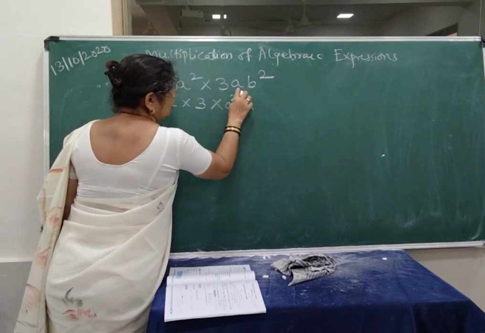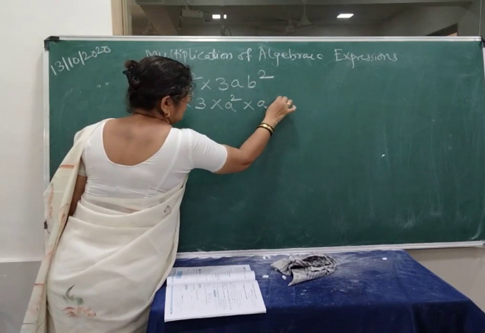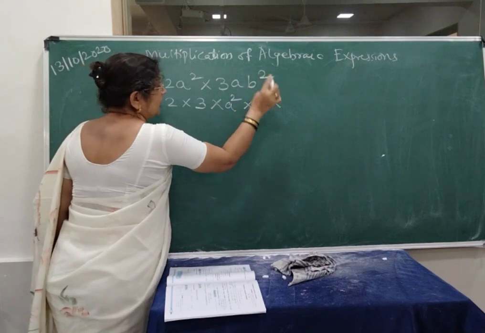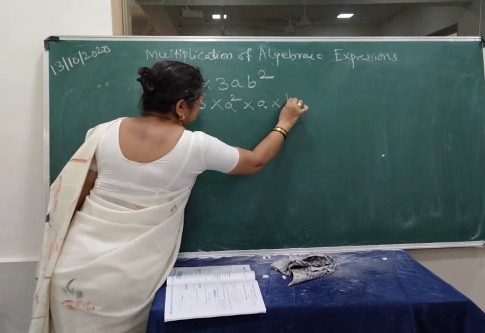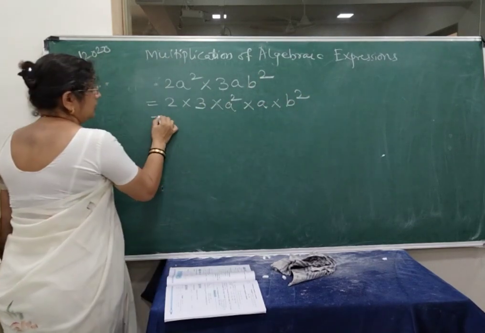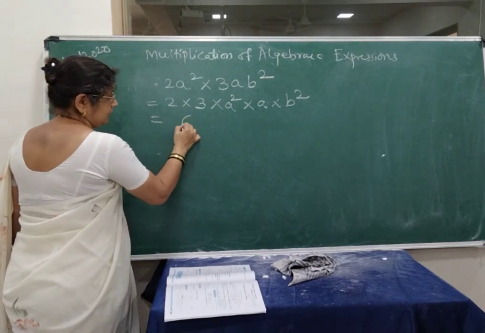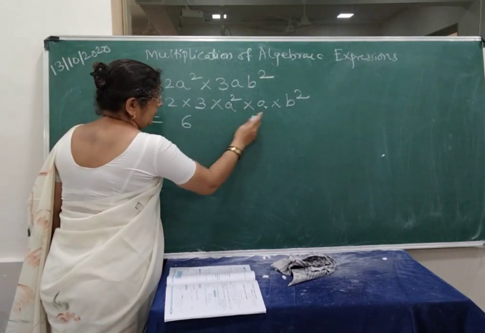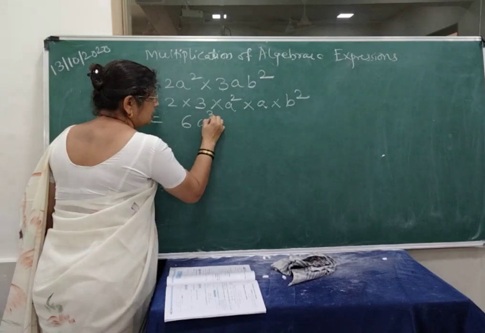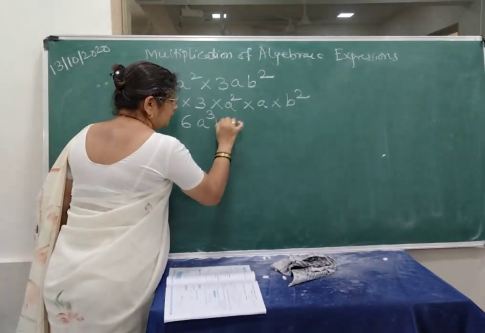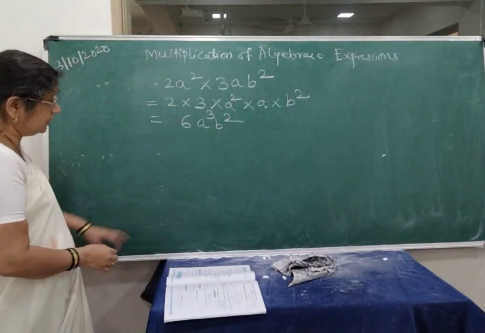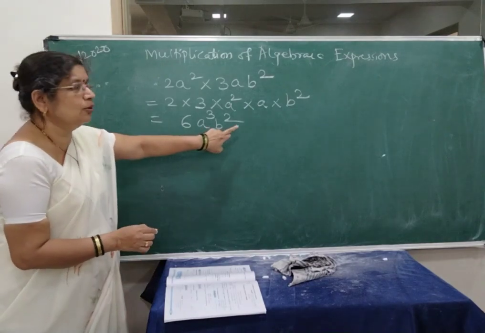Then I will take the variables of the other monomial, a and b square. Now 3 into 2 is 6. Now a square into a will become a cube into b square. So your answer is 6a cube b square.